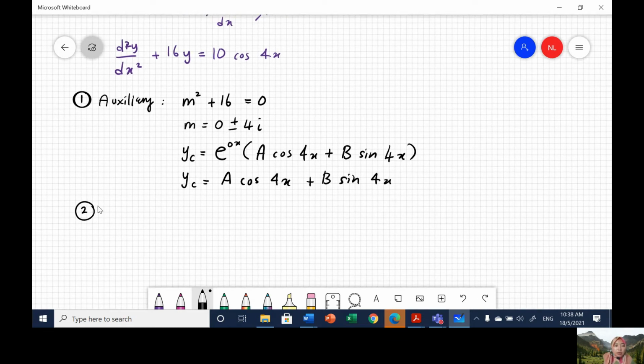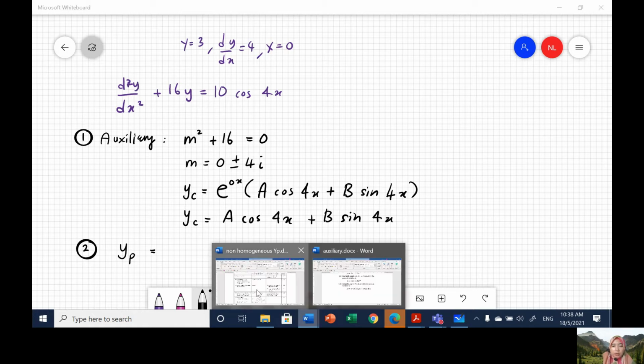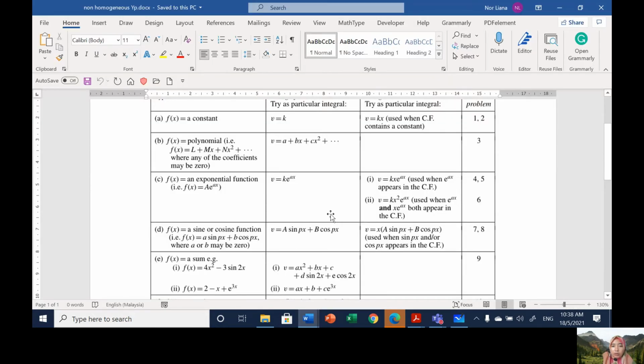Then we are looking at number 2. What is the particular function? yp: look at the right hand side. We have trigo, but are we getting the straightforward case here, or do we have the snake case, which is a special case?